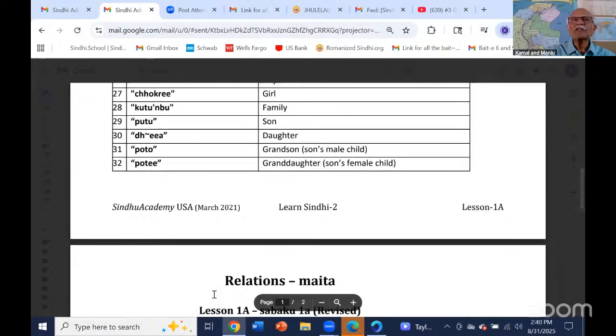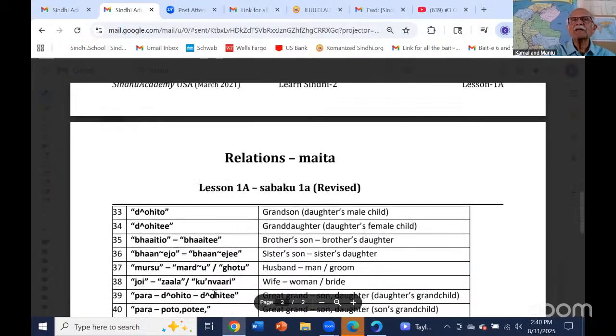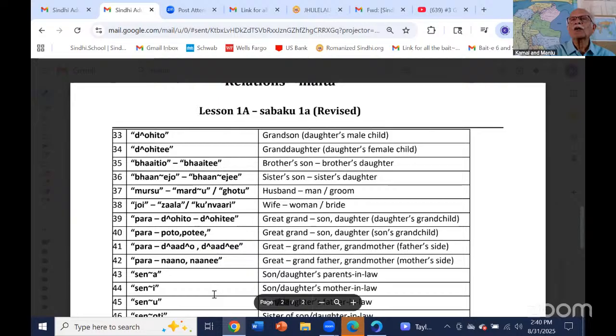Now, if you go to page number 2, in relation matter, there is another big long list.